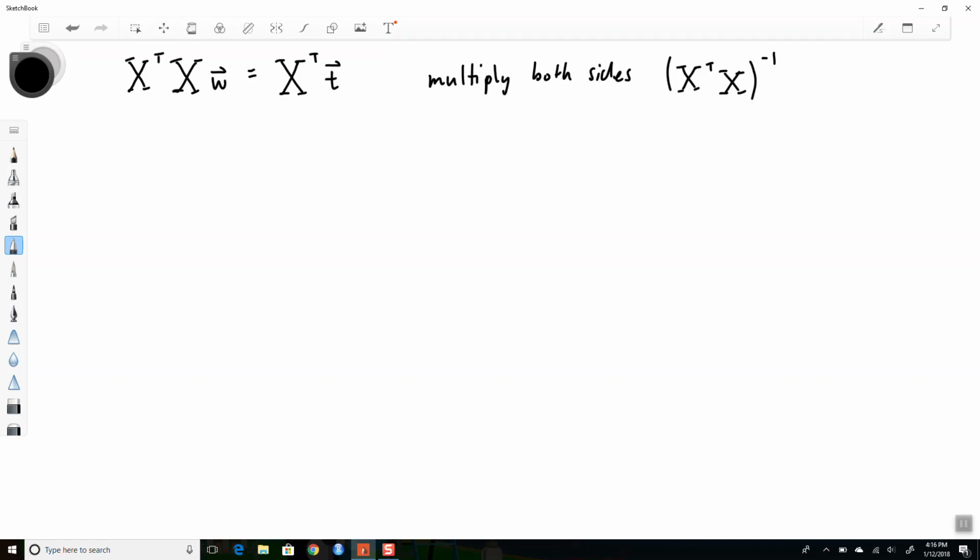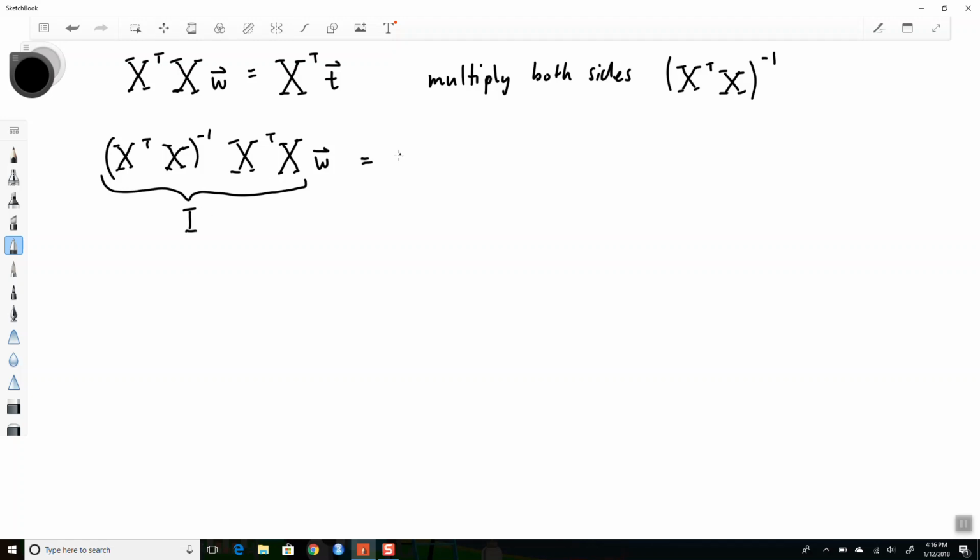Okay, and so on the left-hand side, I've got X transpose X inverse times X transpose X w. So this whole thing becomes the identity matrix.